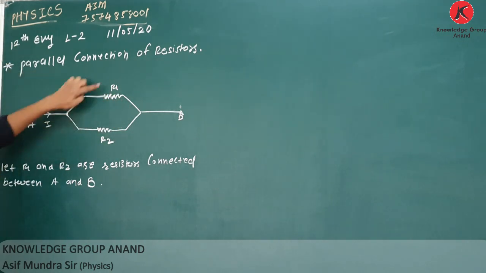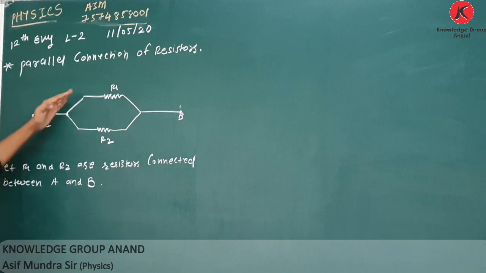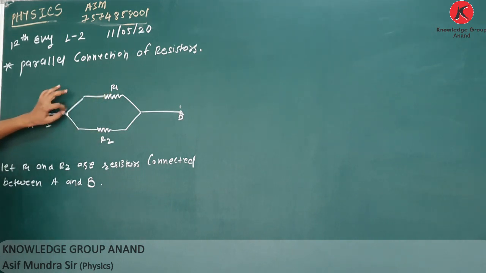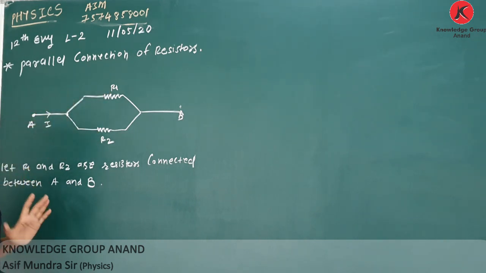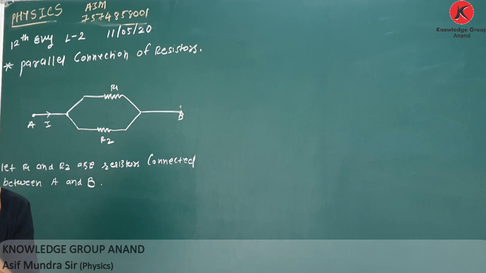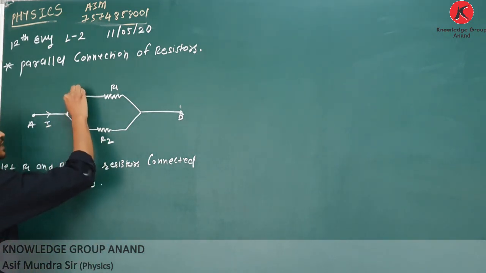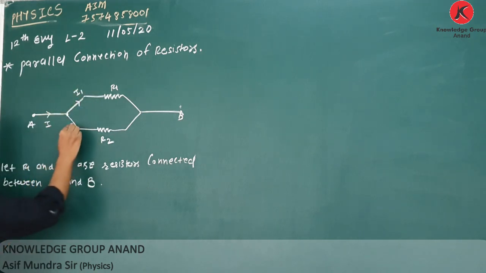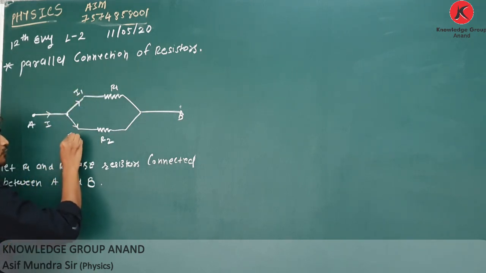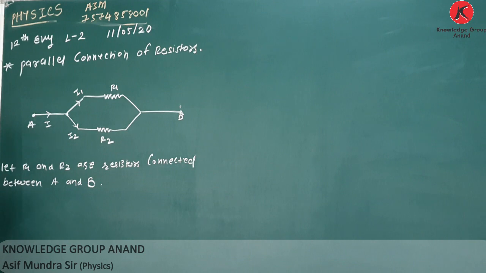As their resistances are different, the charge flowing through each resistor is also different. Charge flowing per unit time is called current. So I am assuming, let the current flowing through this resistor be I1, and through this resistor be I2. Clear about this?